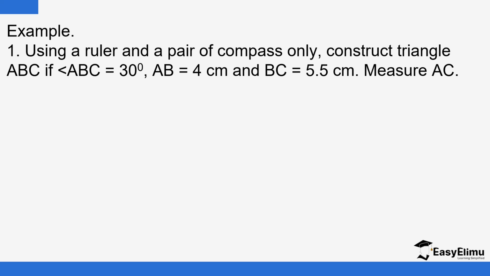So we have an example here. Using a ruler and a pair of compasses only, construct triangle ABC in which angle ABC is 30 degrees and AB is 4 centimeters. Of course, you have to start with the line AB.